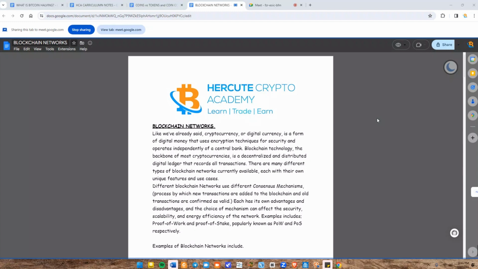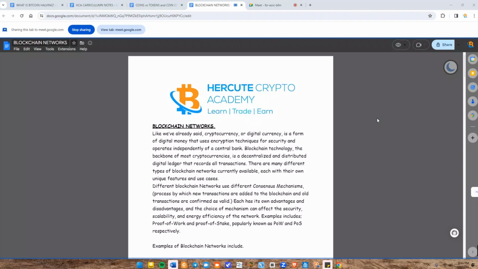We talked about RTGS, SWIFT transfer, PesaLink, M-Pesa, electronic money transfer. All those are different networks that can be used to transfer funds from one person to the other, and they have different advantages and disadvantages.